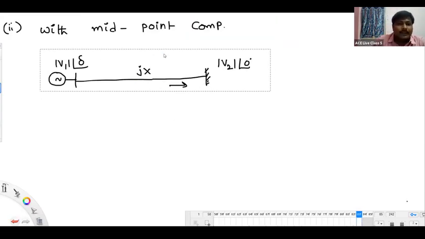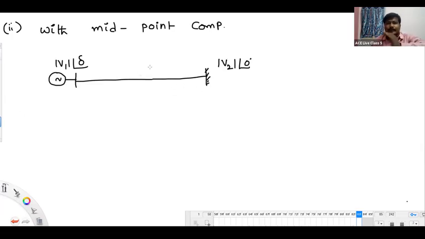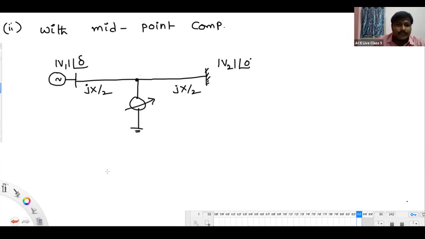I will be keeping that compensator exactly at the midpoint, and I will be dividing this line into two parts, x by 2 and x by 2, and this is the midpoint. This is half the impedance, and this is the remaining half impedance, and this is the midpoint compensator we have connected.